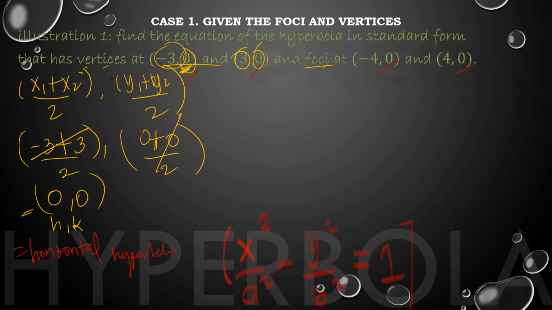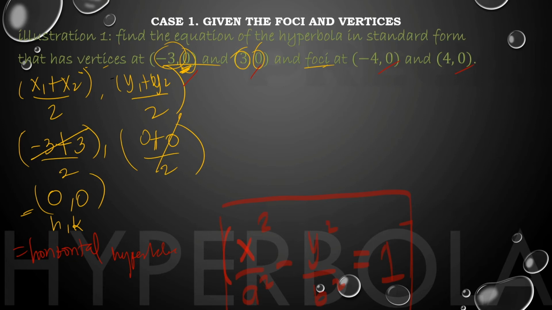So, ito yung gagamitin natin equation. So, next is to find yung value na a para mahanap natin yung a squared. So, yung a, ito yung semi-transverse axis. So, kailangan natin mahanap yung total distance ng given na vertices using the distance formula.